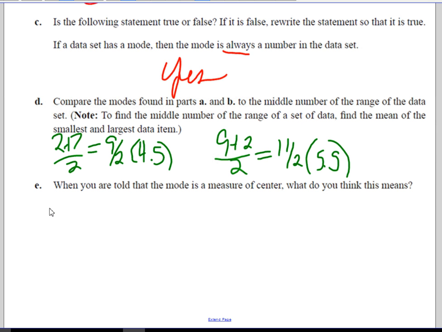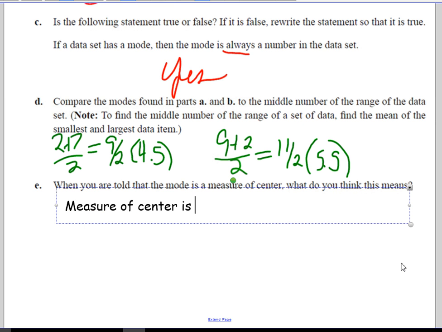So we can see that the mode has nothing to do with the middle number. And so as far as a measure of center, it is a tendency.